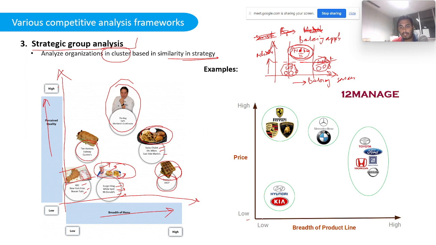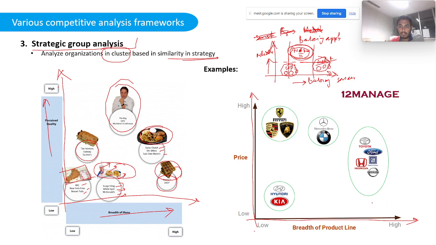So this is another example. Here we try to see how different car companies provide more product portfolios and how those can be placed based on their pricing.